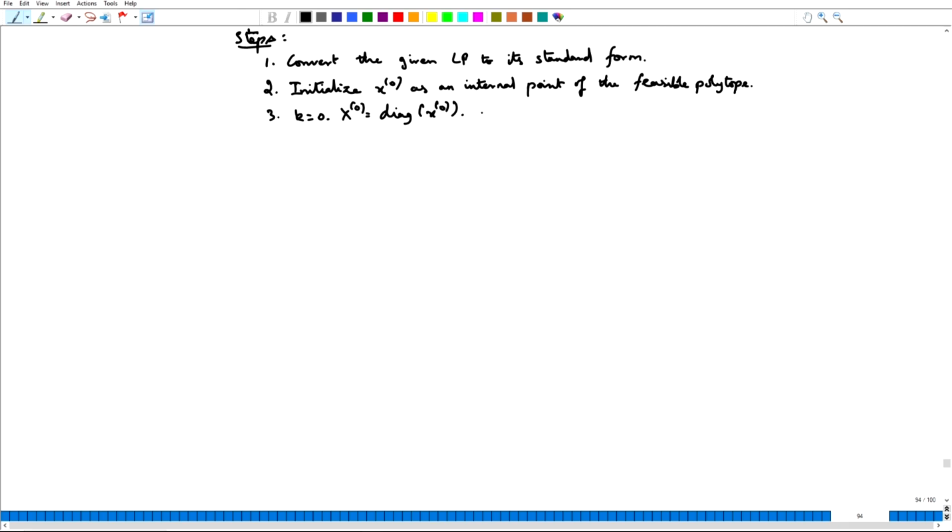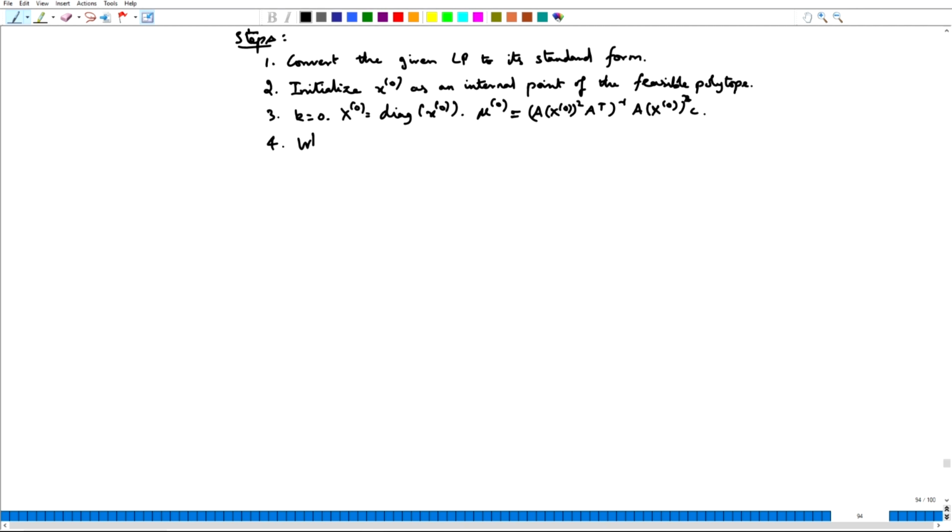And now I can write mu 0 as (A x0 squared A transpose) the whole inverse A x0 squared into C. Yeah, a big formula, but nevertheless, this is something that you need to find.